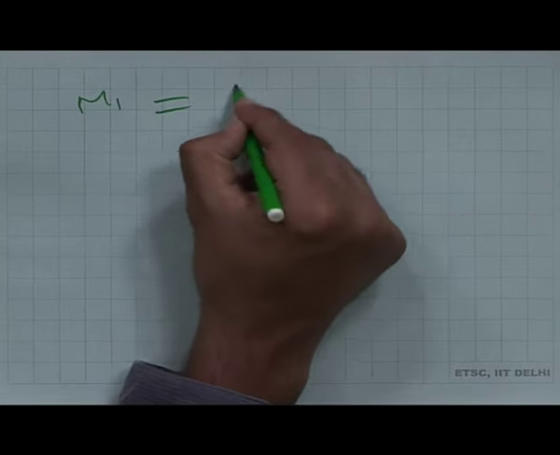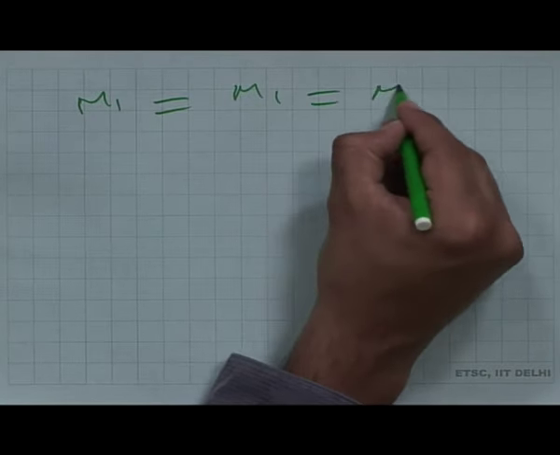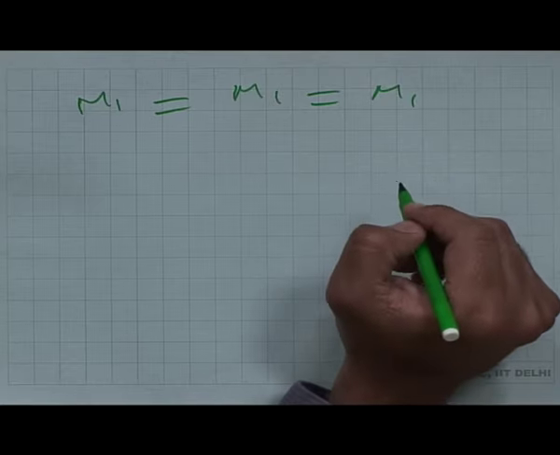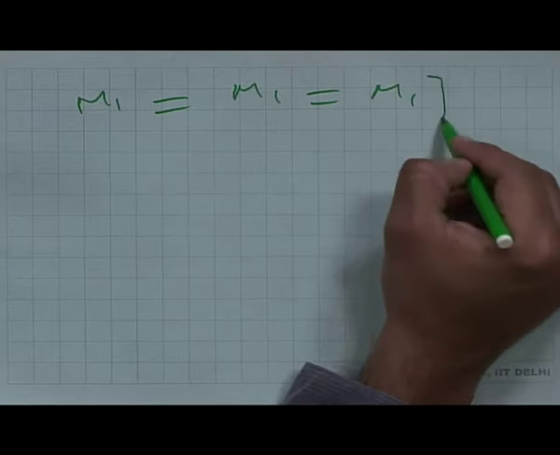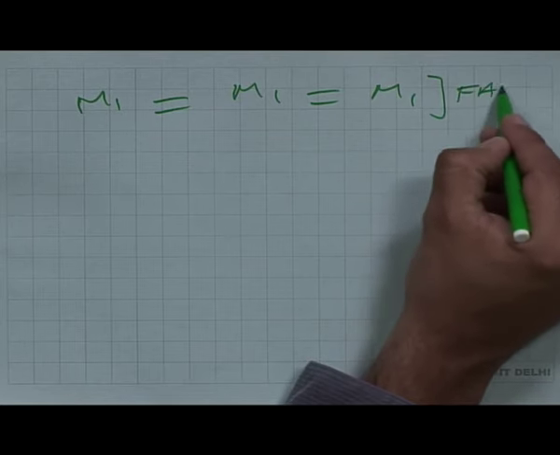When you expose them to the chemicals, not all the M1 microorganisms will have the same mutation. So, for instance, we start with M1, M1, M1. These three are the same, and they are in a flask, let us say.